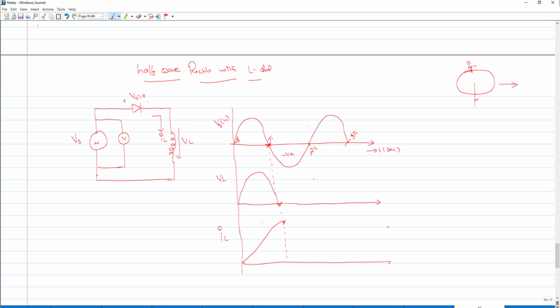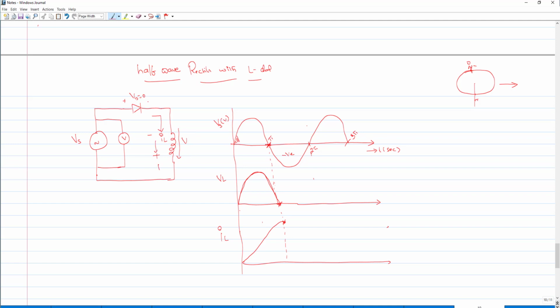We will calculate the value of this point later. But it will not stop at this point, it will continue in the same direction. Earlier the voltage across the inductor was developing like this, plus and minus. Whenever it reaches this point, the polarity of the inductor changes from minus to plus.